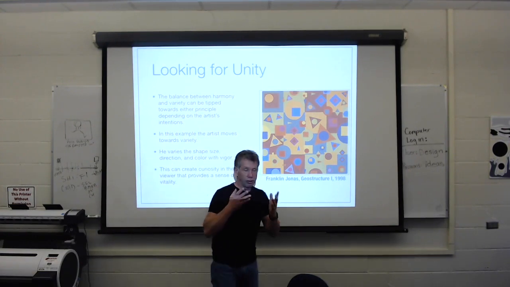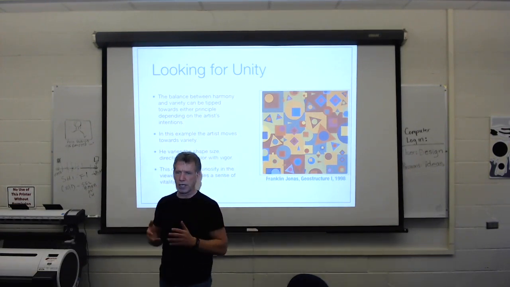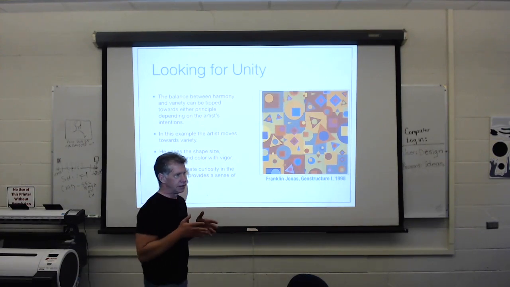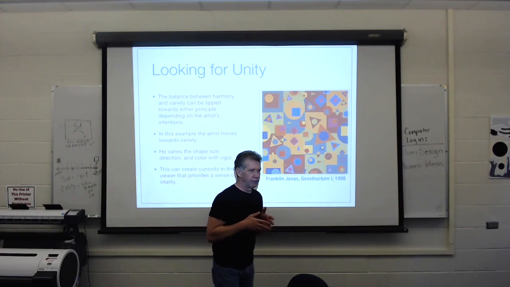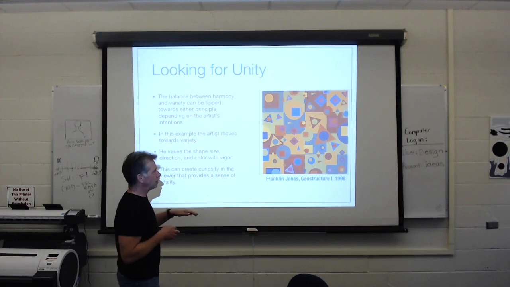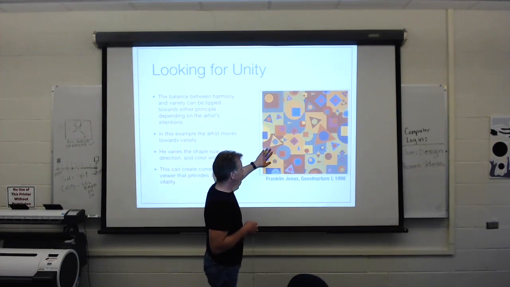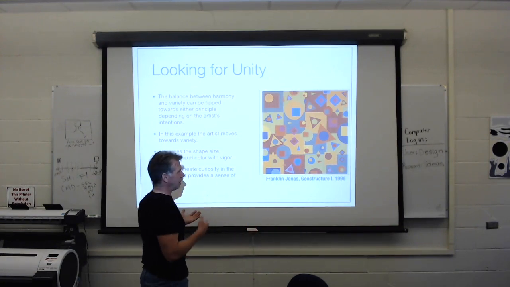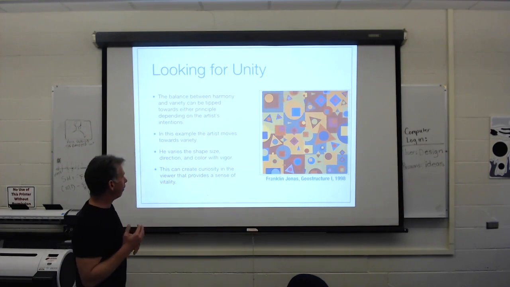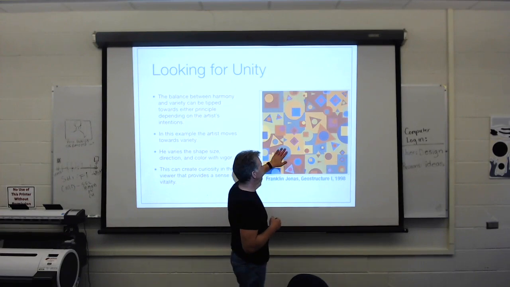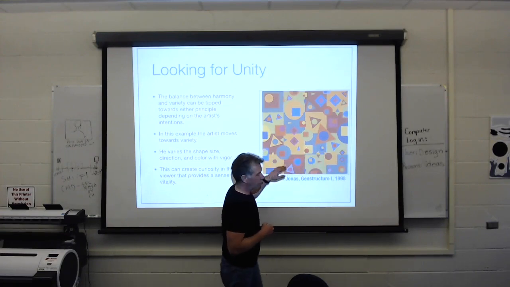You're looking, you're trying to make sense of what you're looking at. Now, it may be uncomfortable, and depending on what it is that's chaotic, if it's violent or something like that, you may not enjoy it, and it may be a bad choice. But in Jonas's work here, he's varying the shapes, the colors. He's basically pushing that variety very hard. He's making a point of not creating unity with those pieces.